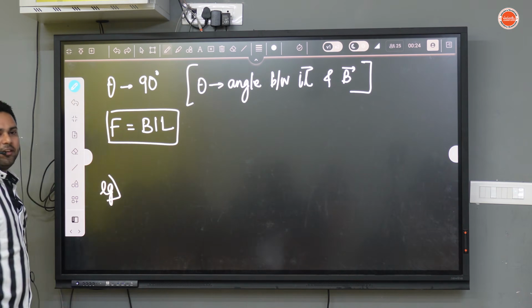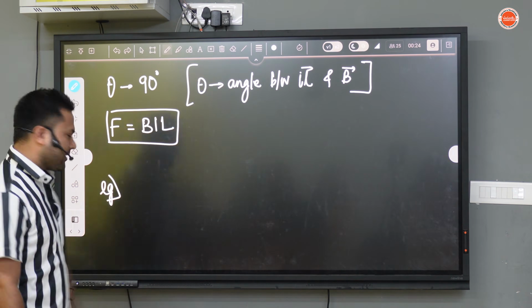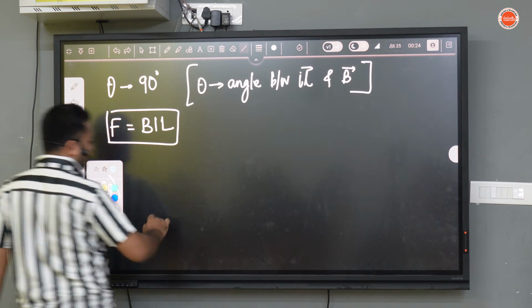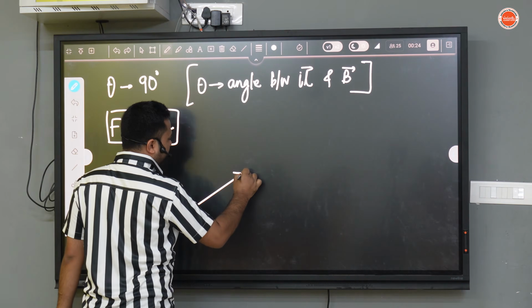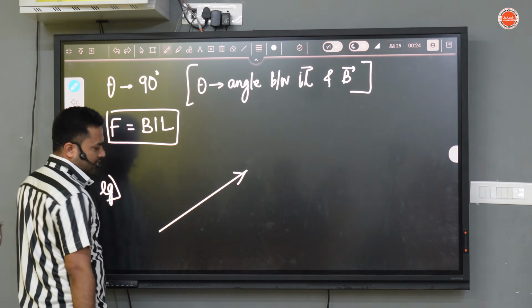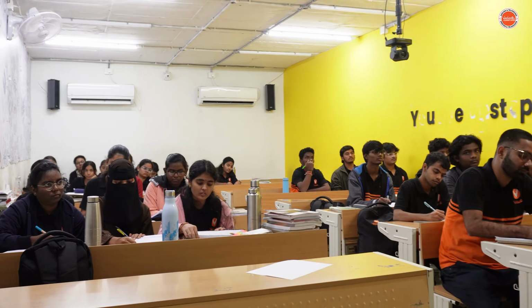You have to tell in which direction the force will act, correct? Suppose my wire is like this and current is flowing in this direction. The magnetic field is like this. In which direction will the force act?